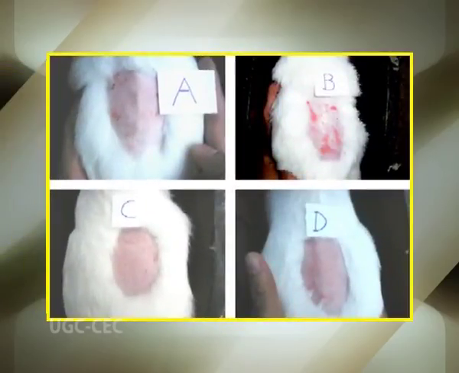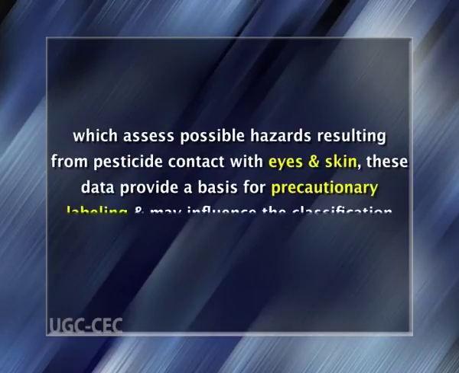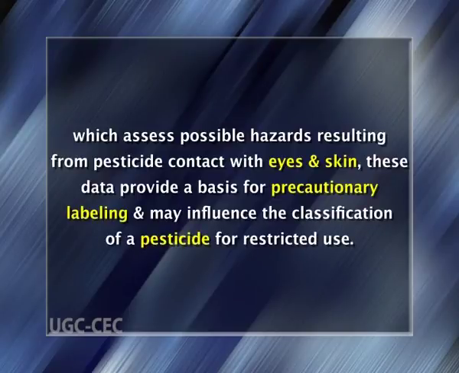Together with information derived from primary eye and primary dermal irritation studies, also first dose on first day, which assess possible hazards resulting from pesticide contact with eyes and skin, these data provide a basis for precautionary labeling and may influence the classification of a pesticide for restricted use.